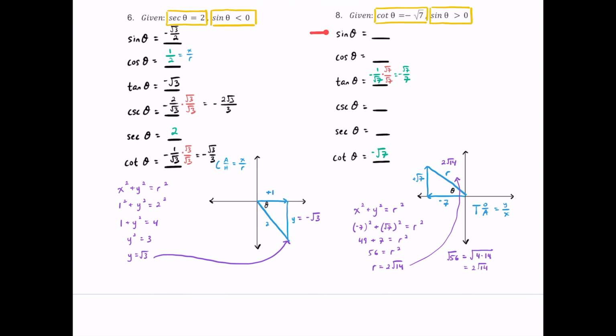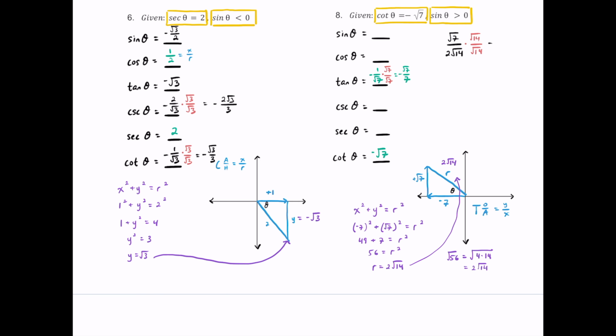So for sine of theta, that's going to be y over r. So here's our y and here's our r. So that's going to be root 7 over 2 root 14. We can rationalize this by multiplying by root 14 over root 14.